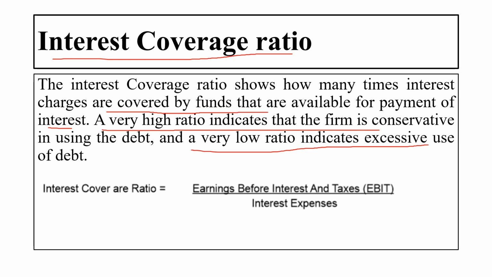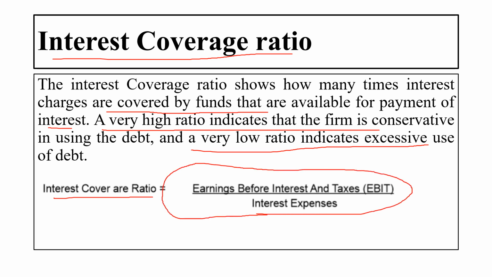This is called the interest coverage ratio. To find it out, you have to know the formula: earnings before interest and taxes, that is EBIT, divided by interest expenses. You will get the interest coverage ratio.